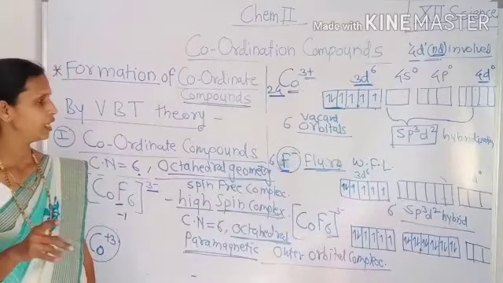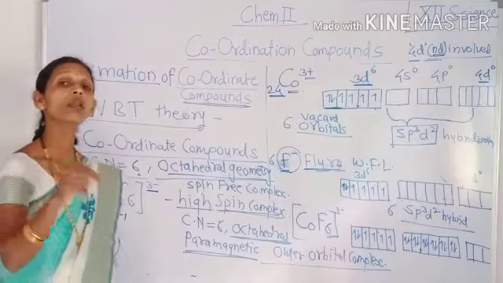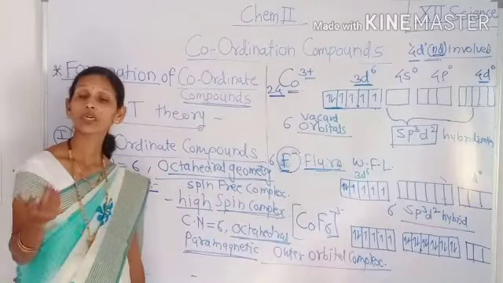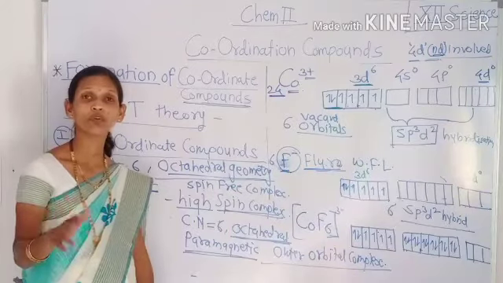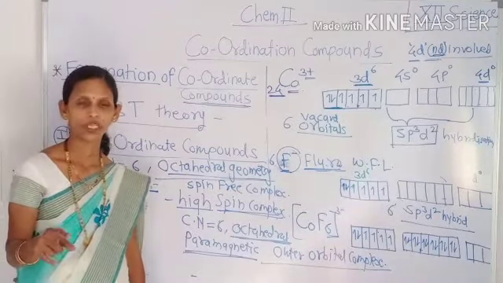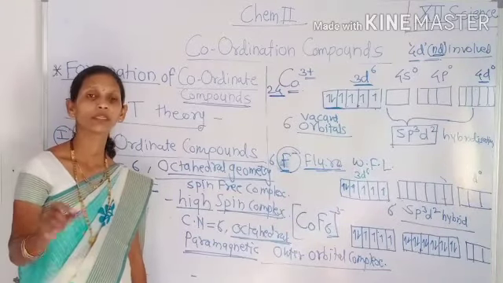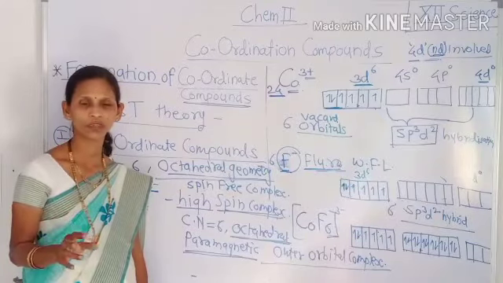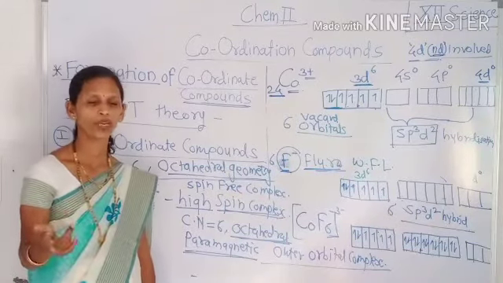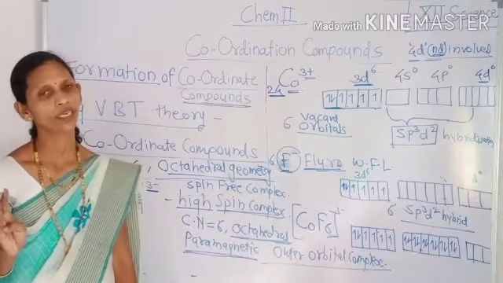First of all, this theory does not explain the color formation of coordinate compounds. Coordinate compounds form with different colors. For example, K2Cr2O7, potassium dichromate, is orange in color, and K4[Fe(CN)6] is dark green in color. The color of the compound or complex is not explained by this theory. That is the first limitation of VBT theory.